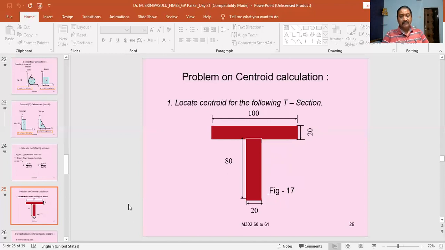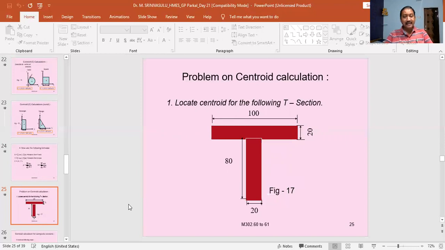The first, horizontal rectangle has a length of 100 millimeters and width of 20 millimeters, and the vertical rectangle has a length of 80 millimeters and width of 20 millimeters.